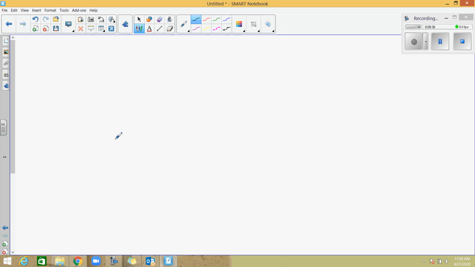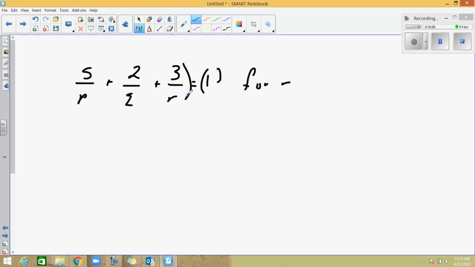And lastly, but not least, I'm going to try 5 over p plus 2 over q plus 3 over r equals 1, and they're solving for r. Now r is in the denominator. I don't like r in the denominator. I'm going to get the denominators gone. So what I do to the left side, I do to the right side. I'm going to take it times p, q, and r.